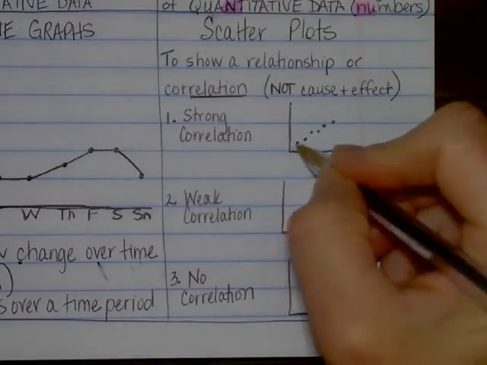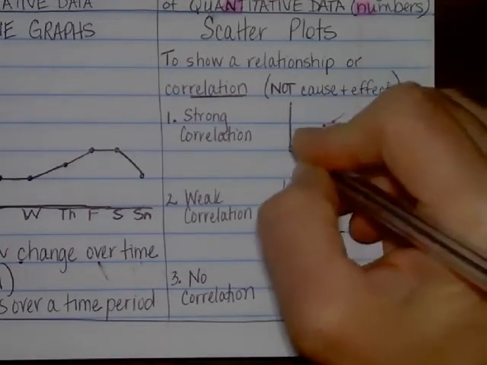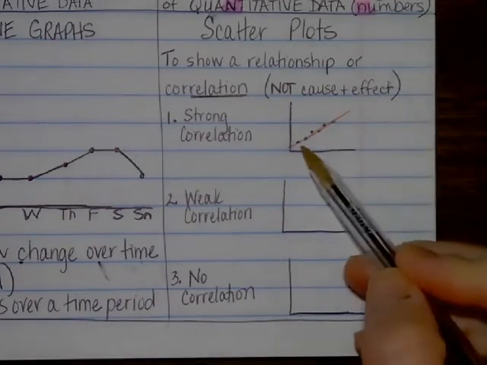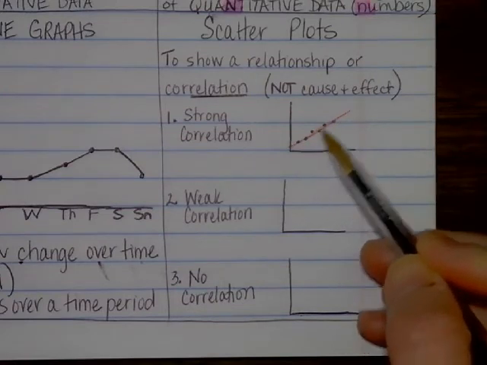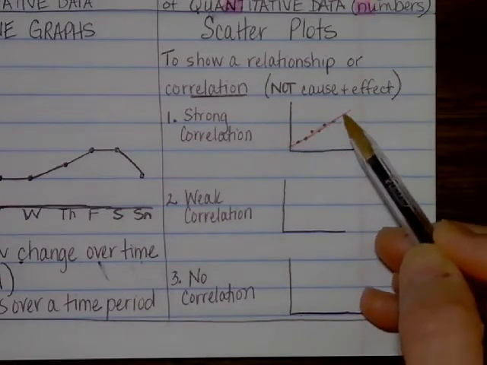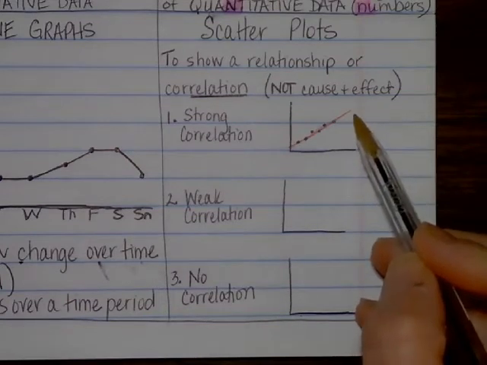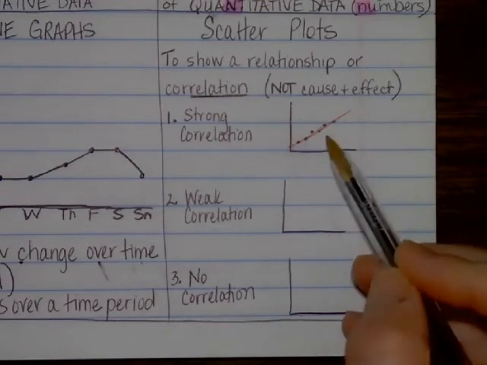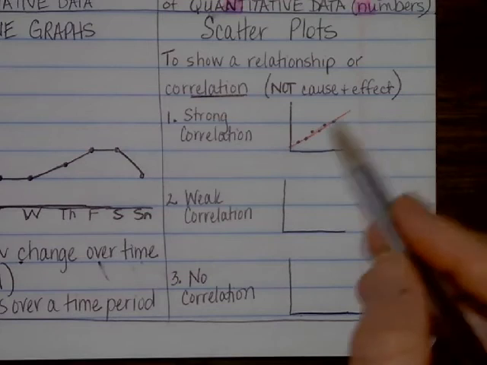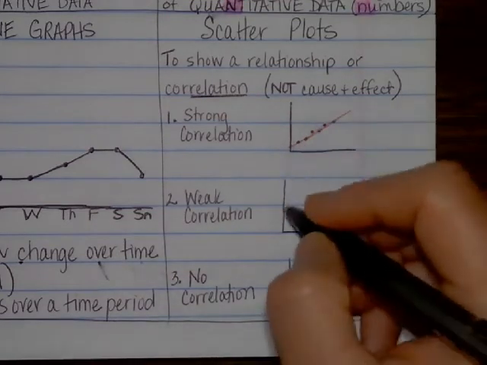So if we drew a straight line through here, we could see that this has a pretty strong correlation because those dots end up on pretty much a straight line, okay? And it doesn't have to always be in the positive direction. It could be negative, like if you were on a good weight loss plan and what you ate and what you exercised might help your weight go down, whatever. So that would show a strong correlation.